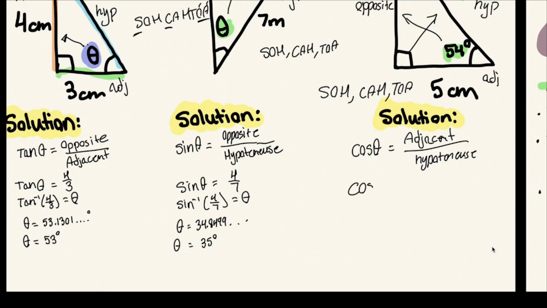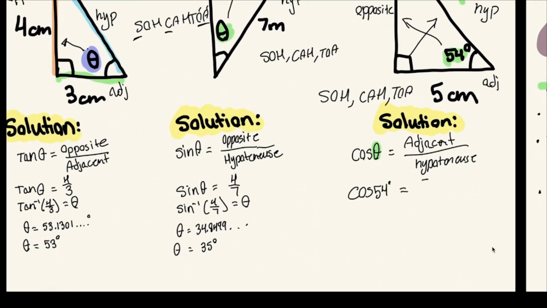Remember, whenever we say cos theta, that's an unknown angle, but in this case we are given that angle. So we're going to say cos 54 degrees equals the adjacent over the hypotenuse. Adjacent is 5, and we have to solve for the hypotenuse, so we just put it over x, and that's basically it.